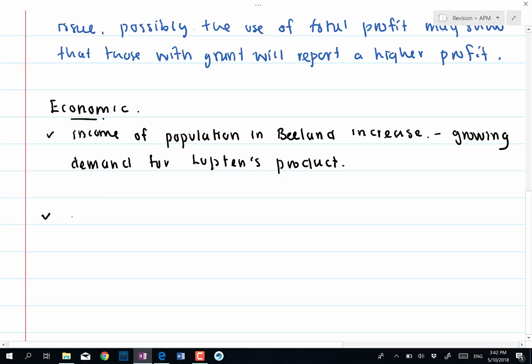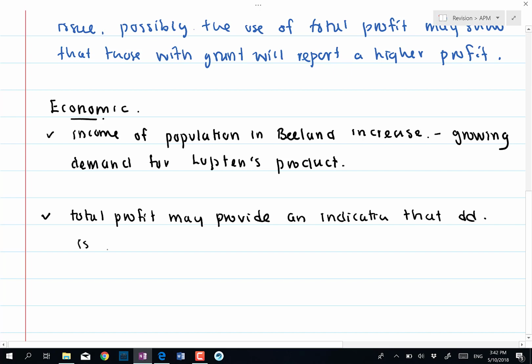Okay, so total profit may provide an indication that demand is increasing.